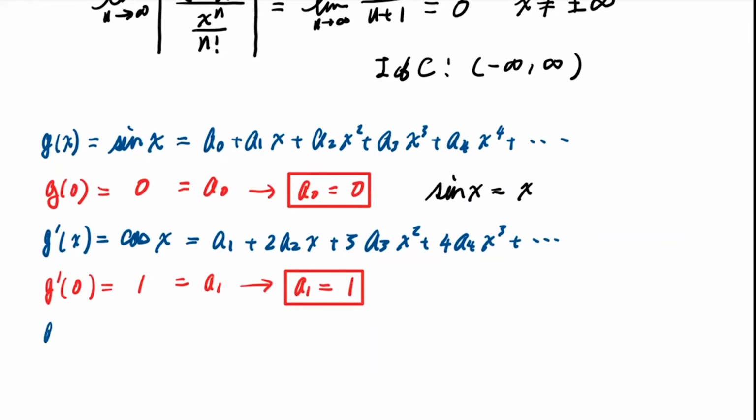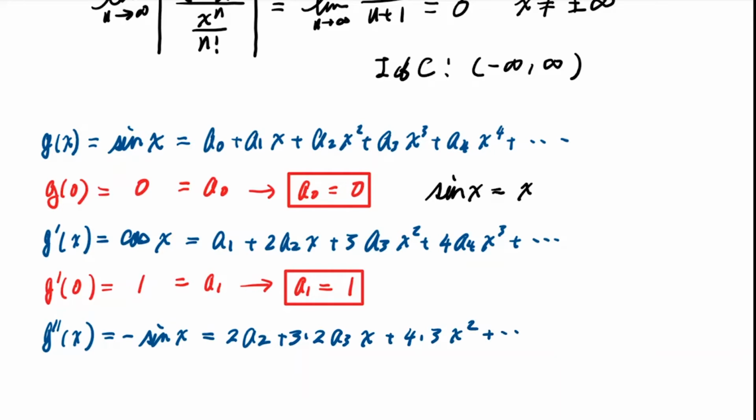So take another derivative, g double prime of x is equal to, this is now negative sine x. And you have this thing die, so we have 2a2, we know that's 2 factorial, plus 3 times 2, a3x plus 4 times 3, a4x squared plus dot dot dot. With me? So plug in 0.